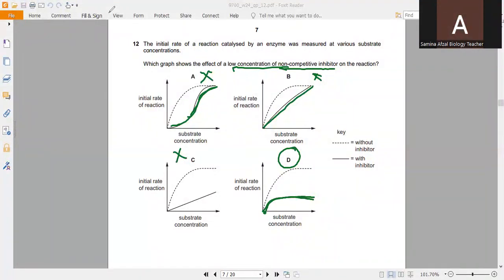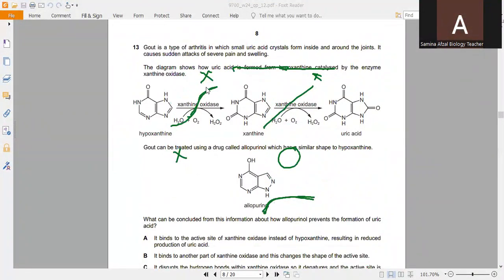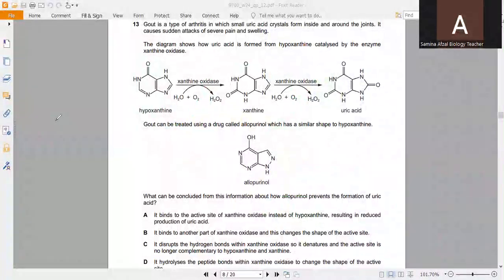Now we are moving towards question number 13. You can see gout is a type of arthritis, in which small uric acid crystals form inside and around the joints. This causes sudden attacks of severe pain and swelling.